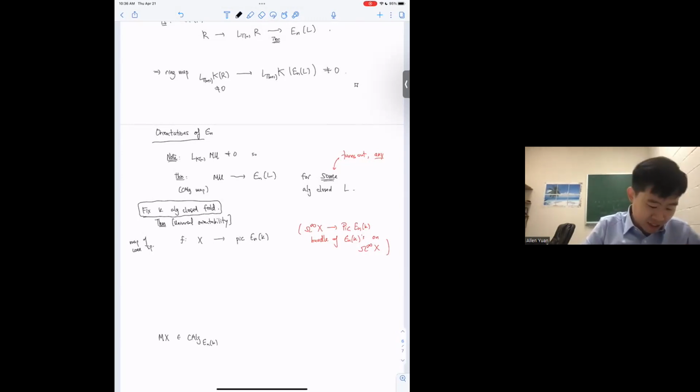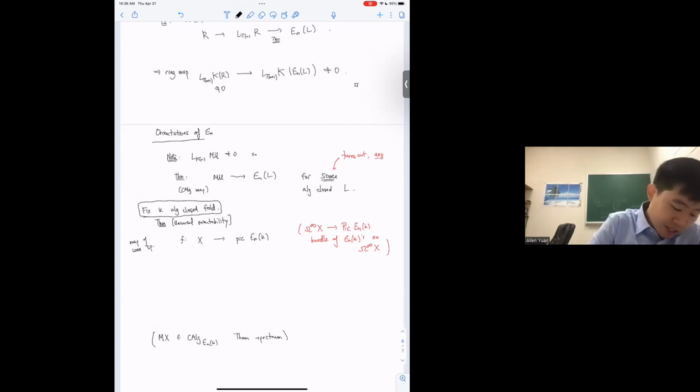So again, the data required in the theorem is a map of connective spectra, which gives you a Thom spectrum MX, which is a commutative algebra over E, namely the colimit of these invertible modules.